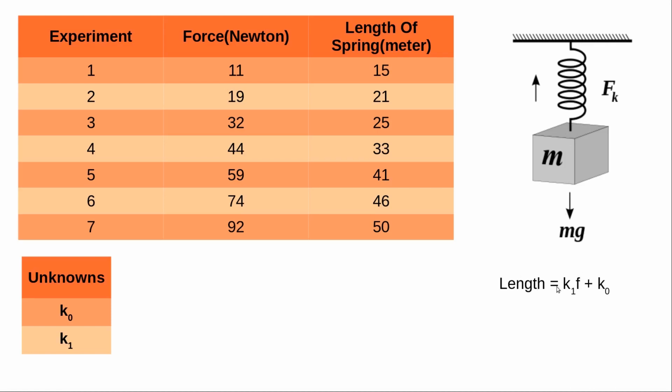The relation between length and force is like this, and these are unknowns. Imagine you have a spring and you did many experiments and you get this data, so you need to find the coefficient of this spring. How will you find it? You have much data, but you just have two unknowns.